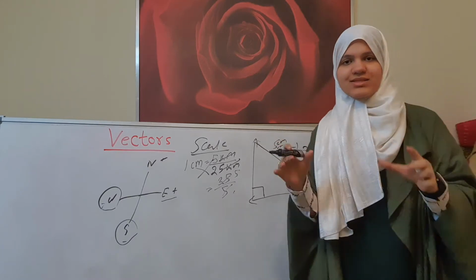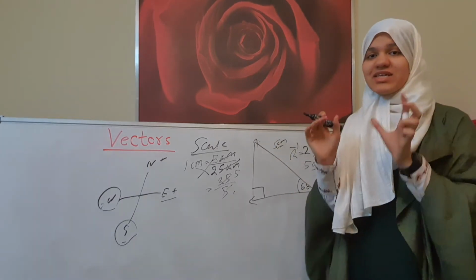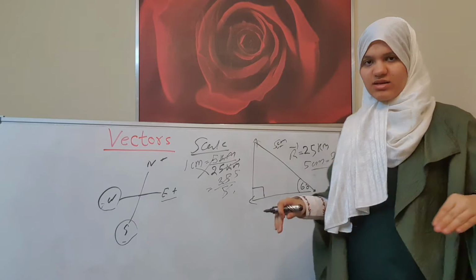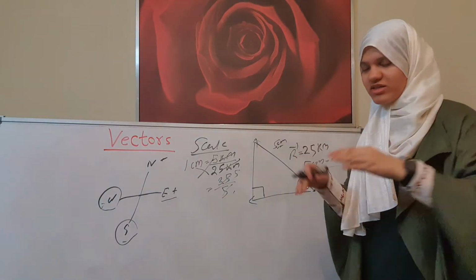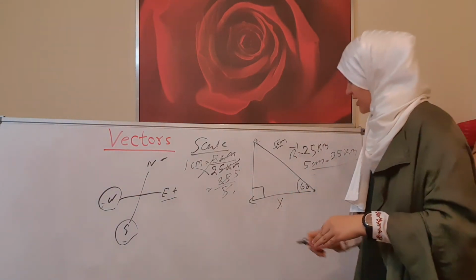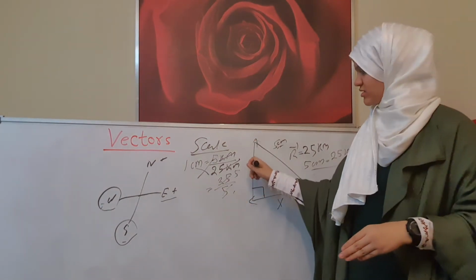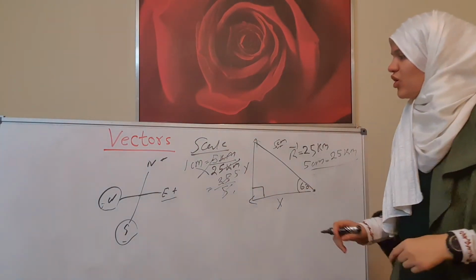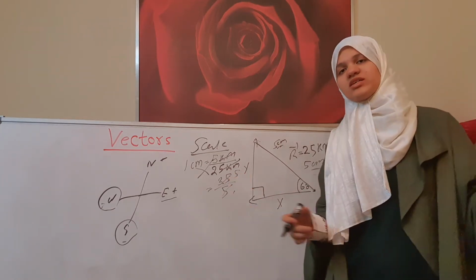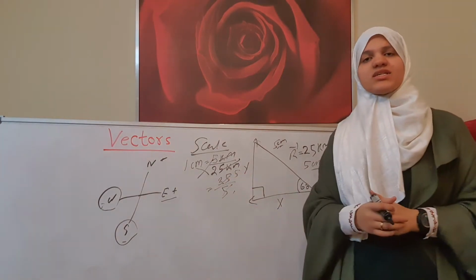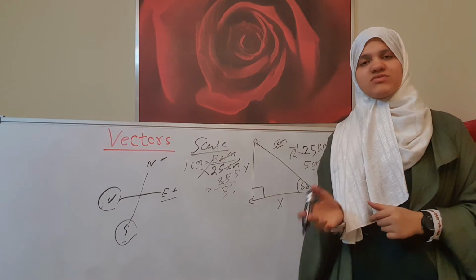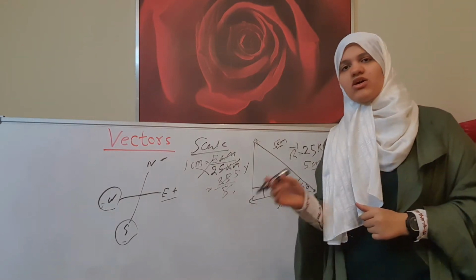Always x is the adjacent. That means it is the horizontal. So it will be x here. Now what we have here in the vertical is y. So y means the vertical component and x means the horizontal component.